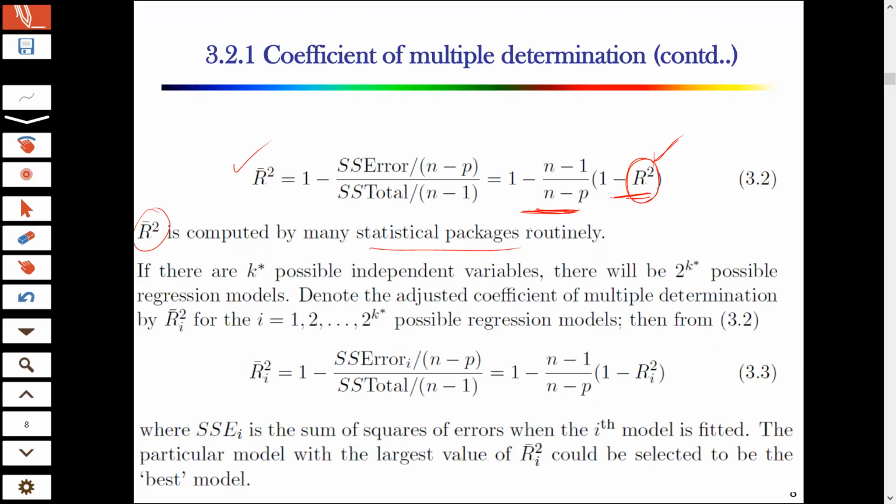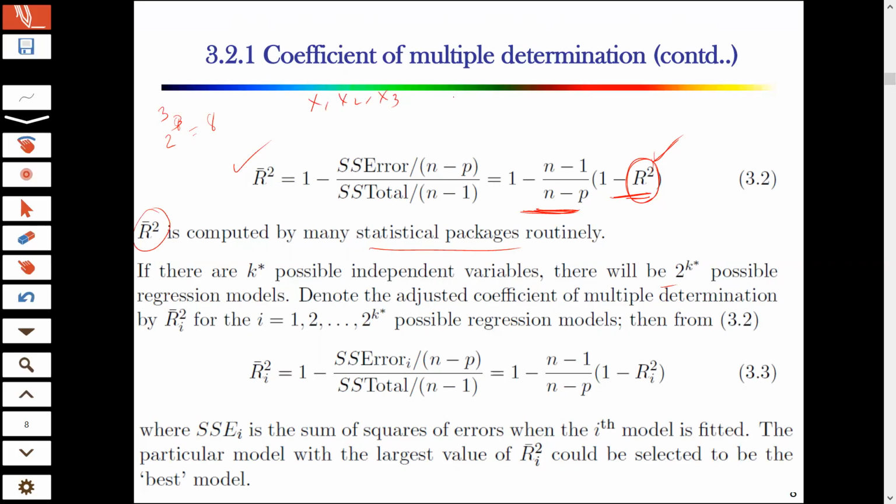If there are k star possible independent variables, there will be 2 to the power k star possible regression models. For example, if we have a model with 3 independent variables, then we get 2 to the power 3, that means 8 models. Let's say the independent variables are x1, x2, x3.